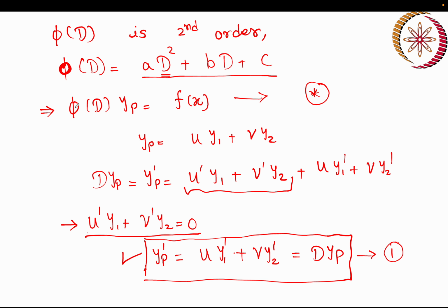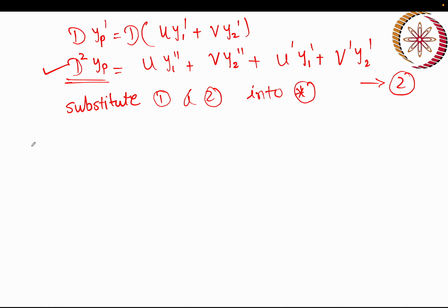If we substitute that, what we will get is a into D square yp plus b into D yp plus c into yp equal to f of x.